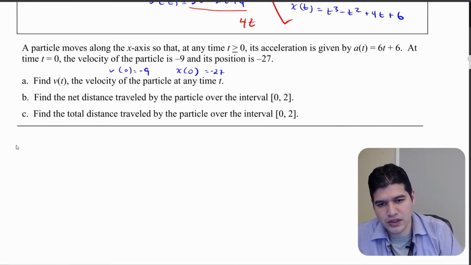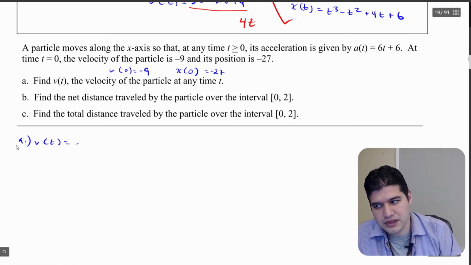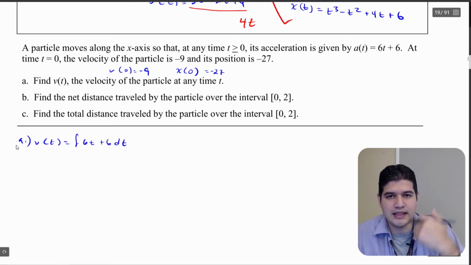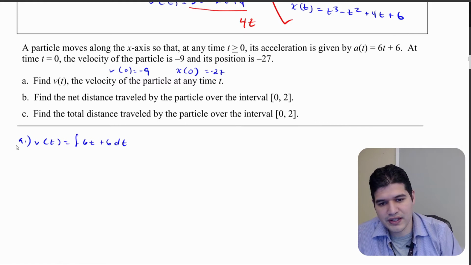So v of t equals the integral of 6t plus 6 dt, since that is the acceleration. Let's find the integral. This is going to be 3t squared plus 6t plus c.